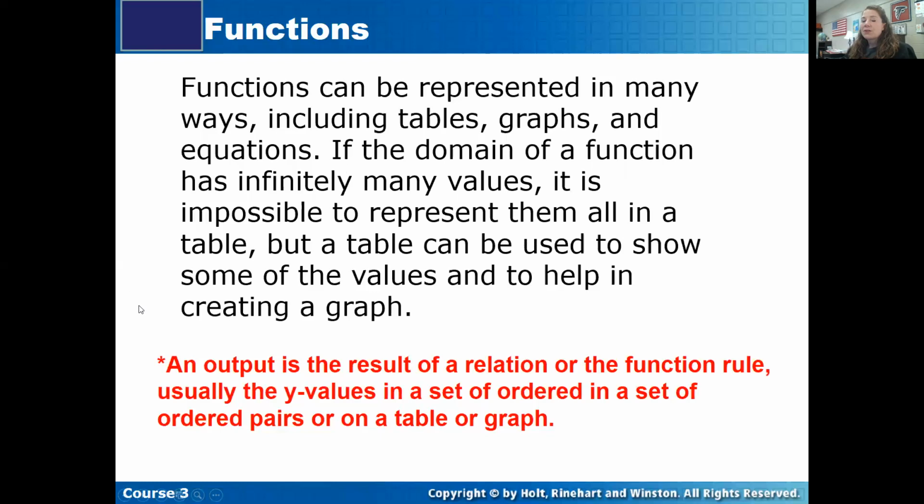All right, so on your first quiz that you'll have, it asks for the function definition basically, and so this is what we're looking for.